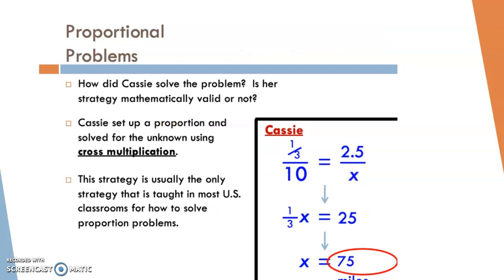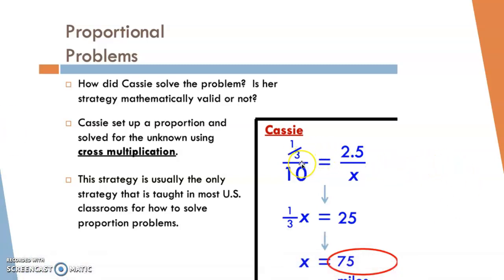Thinking about how Casey did this, right? Casey set up a proportion and solved for the unknown using cross multiplication. This strategy is usually the only strategy that's taught in most of the United States classrooms on how to solve proportional problems, but you're learning different ways, which is great. Okay.